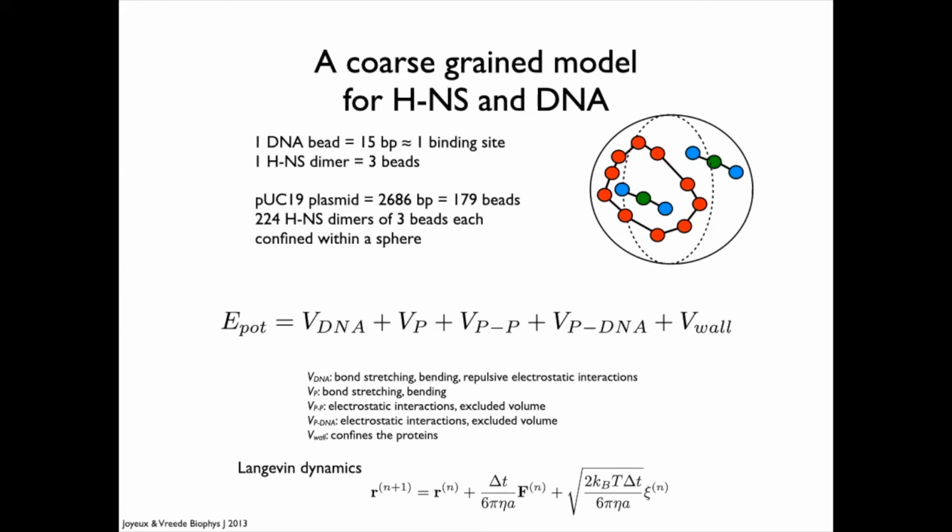And then we have an interaction potential, which consists of the potential of particles of DNA interacting with each other, protein particles, intraprotein interaction, interactions between the protein and DNA, and some sort of confinement potential.